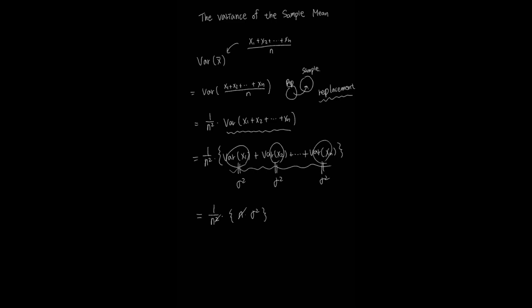We know that the variance of the sample mean is the population variance divided by n. We can also know that the standard deviation of x bar is sigma divided by root n. We're going to use this a lot. So this was what today's video is about, and thank you for watching.